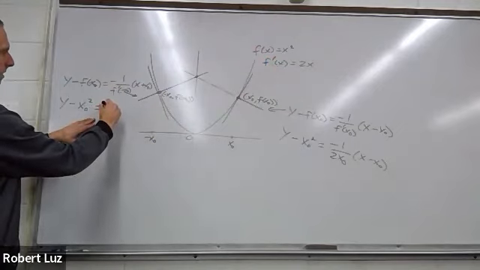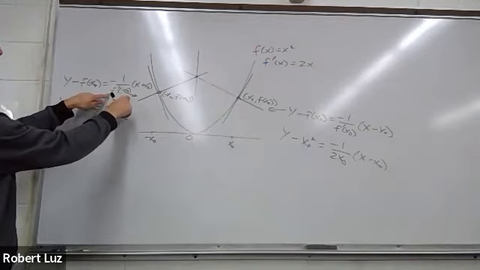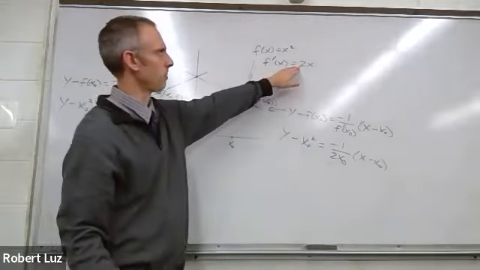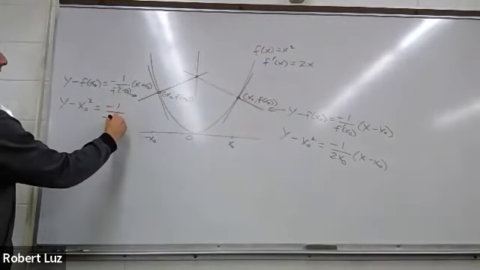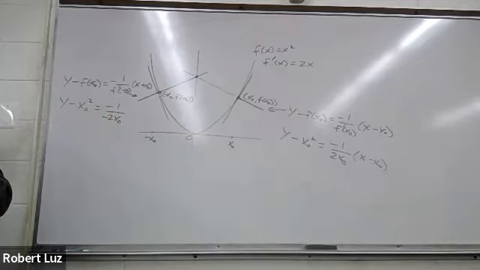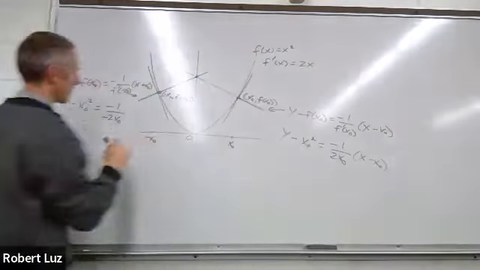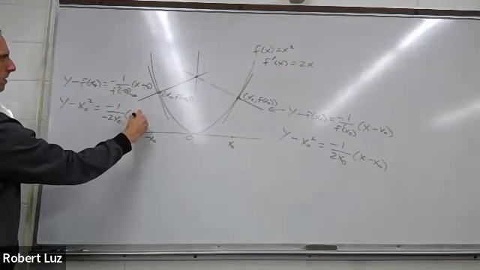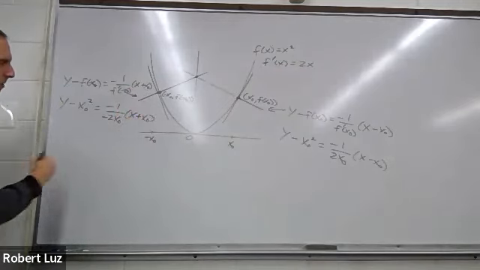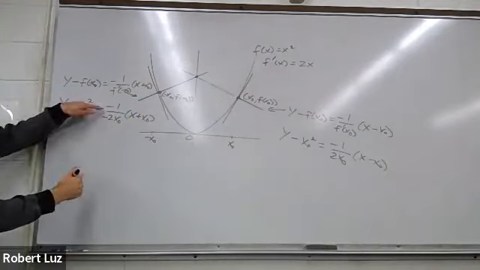And this is minus 1 over the derivative at negative x0, which is negative 2x0. The derivative evaluated at negative x0 is negative 2x0. Then we've still got x plus x0 left. So then we can just simplify that.